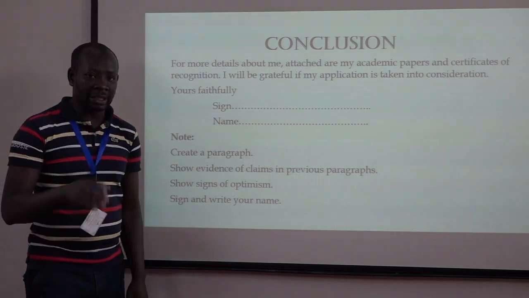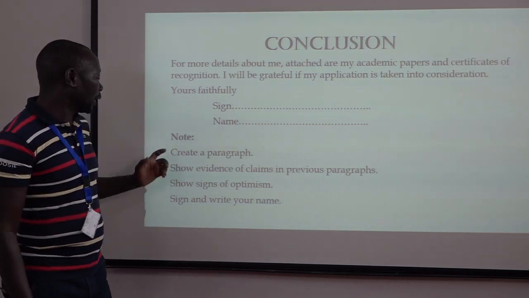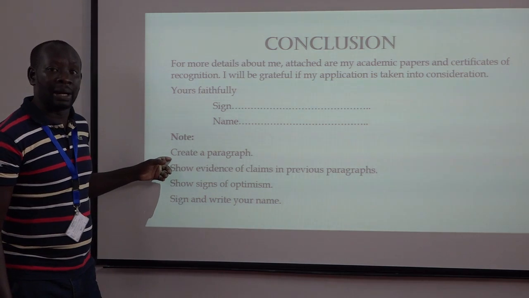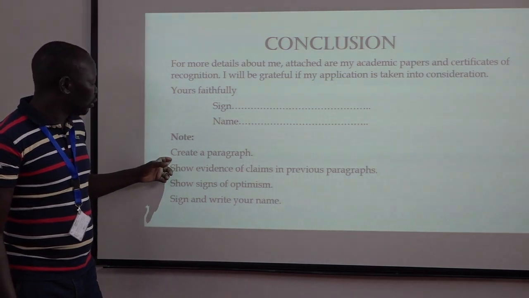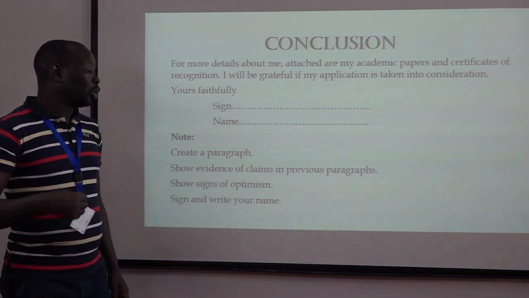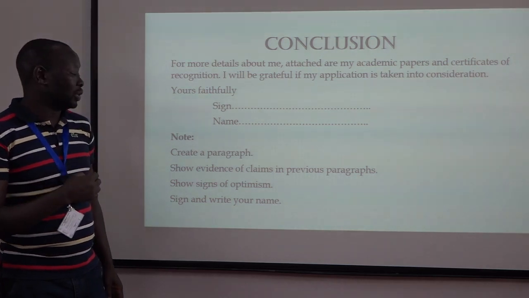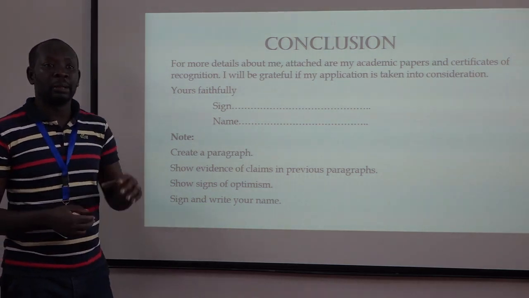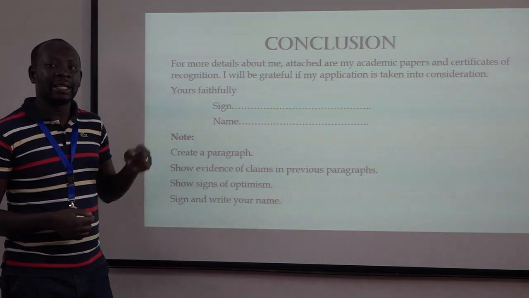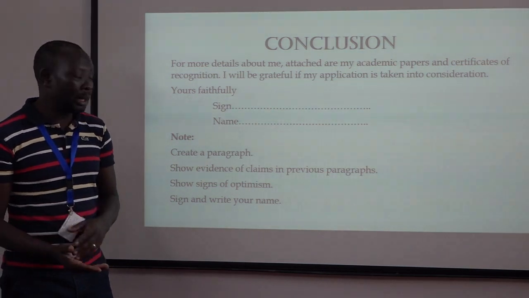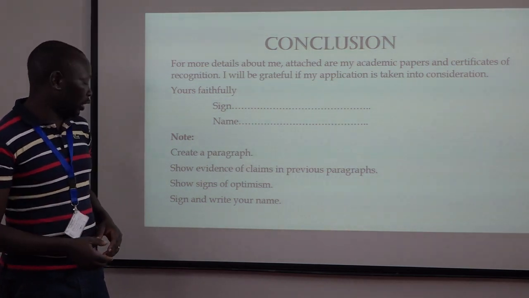Then there are also certain things that you really need to note. One, you have to create a paragraph for the conclusion. Show evidence of the claims in the previous paragraph. For example, you said you're good in athletics. Do you have a document? Do you have a paper? These are the claims we are talking of.